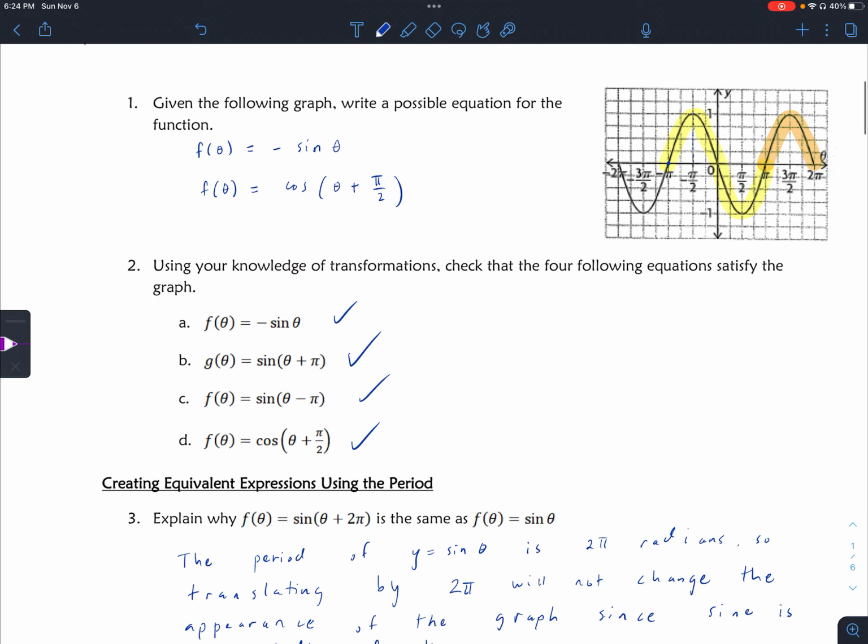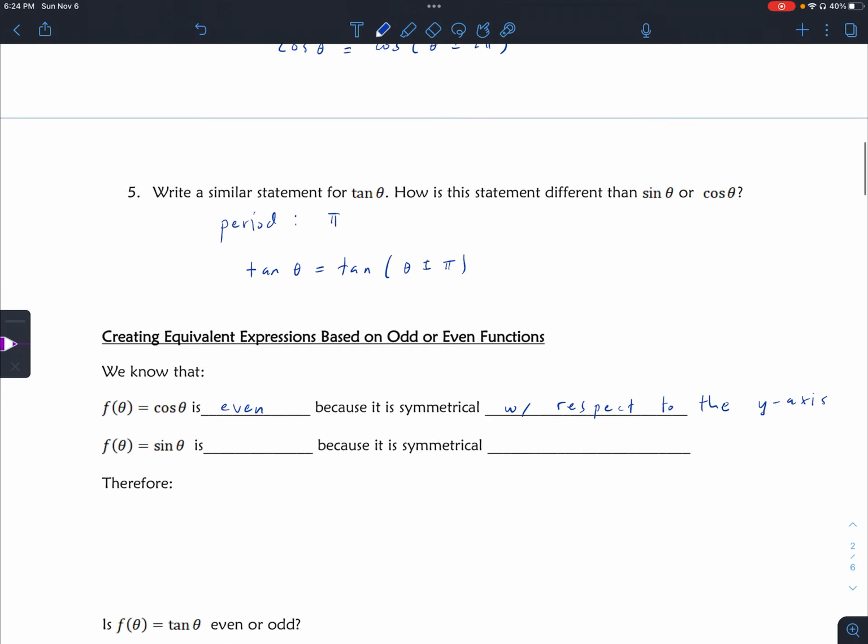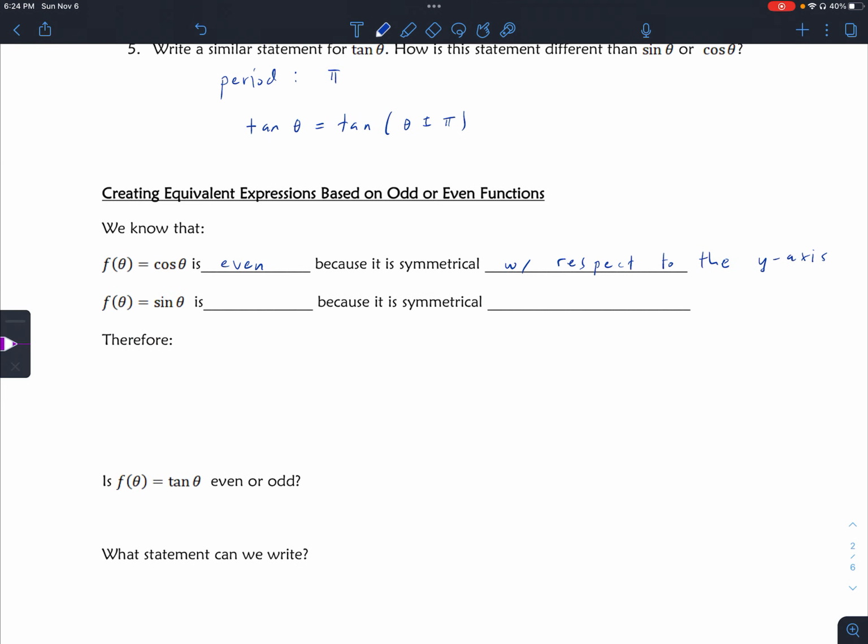If you look at the function, you can see that it is a mirror image here. The cosine function is the blue one. So it's an even function, symmetrical with respect to the y-axis.